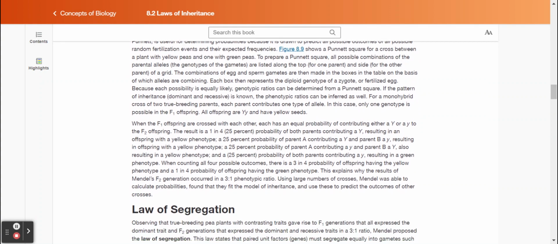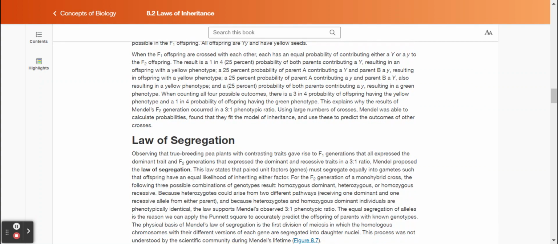When the F1 offspring are crossed with each other, each has an equal probability of contributing either a capital Y or a lowercase y to the F2 offspring. The result is a 1 in 4, or 25% probability of both parents contributing a capital Y, a dominant allele, resulting in an offspring with a yellow phenotype.